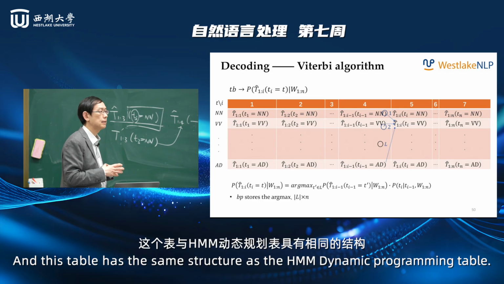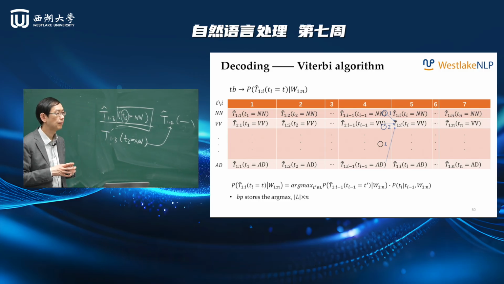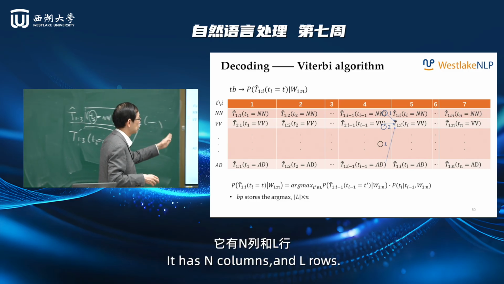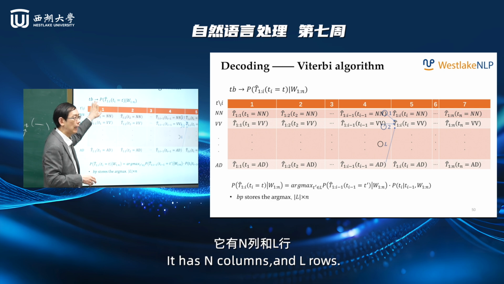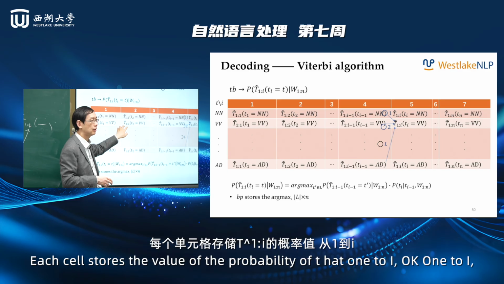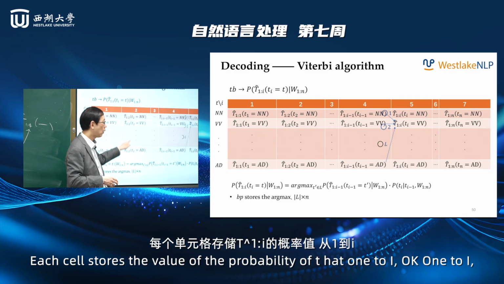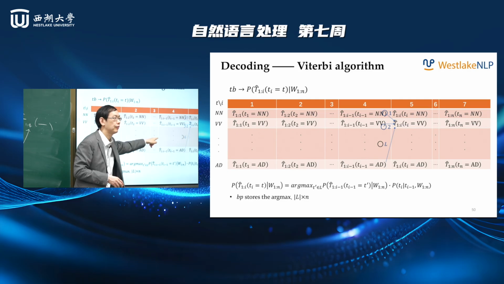And this table has the same structure as the HMM dynamic programming table. It has n columns and L rows. Each cell stores the probability of t-hat_1 to i, where the last tag t_i is equal to a specific label.